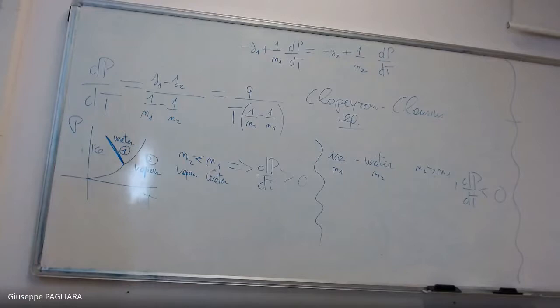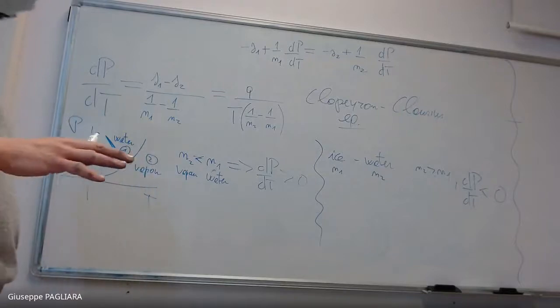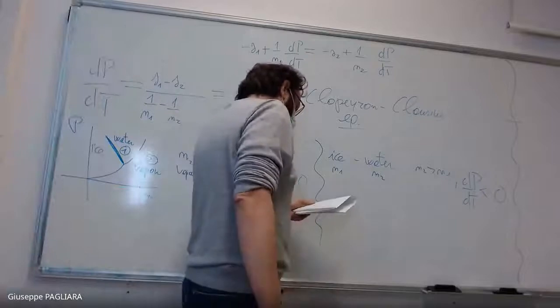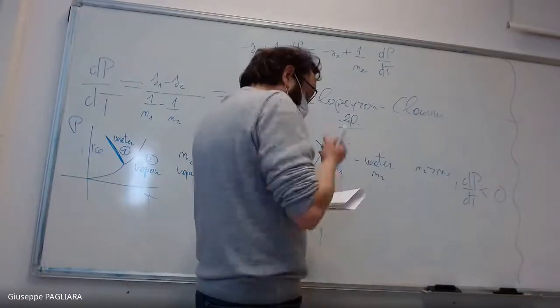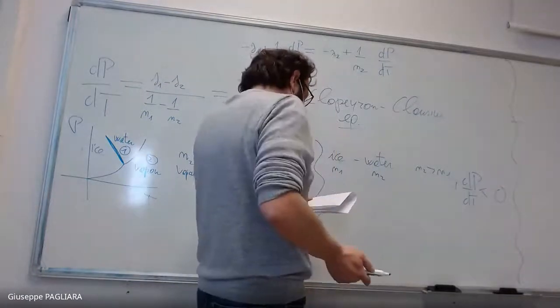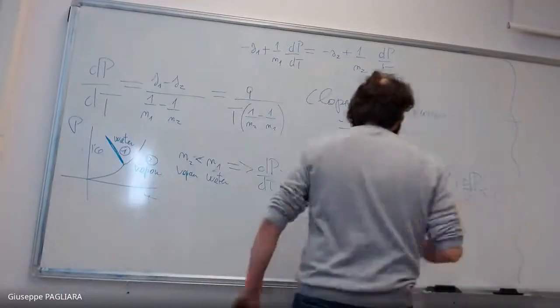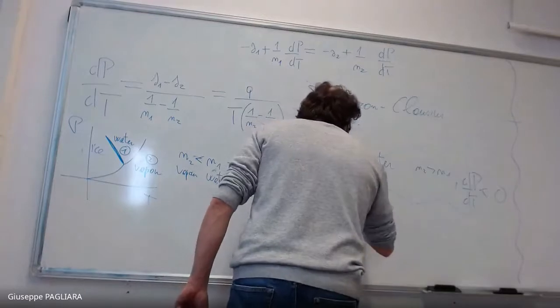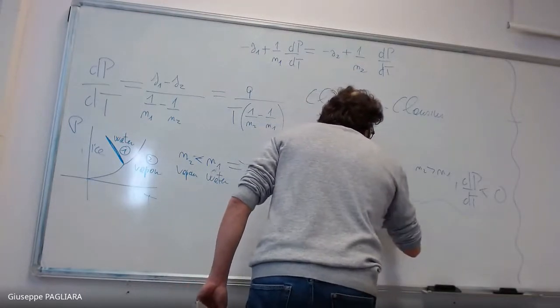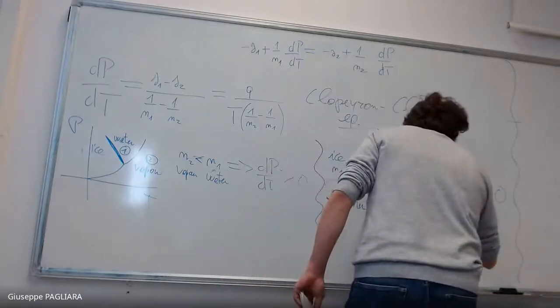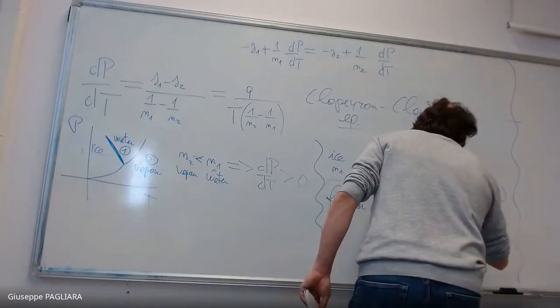The fact that the liquid phase is denser than the solid phase is a specific feature of water. This is not general. Indeed, you can find some, what I have here, CO2, carbon dioxide, for which you can have also another slope, or other chemical compositions of matter.